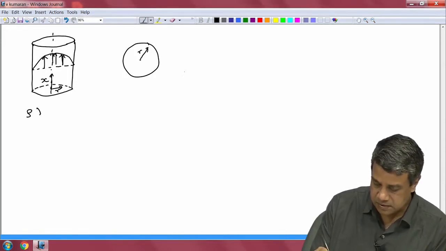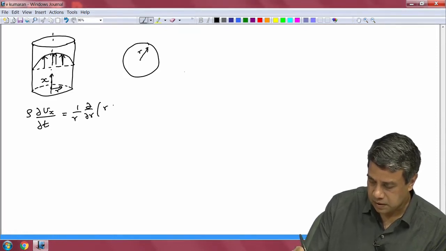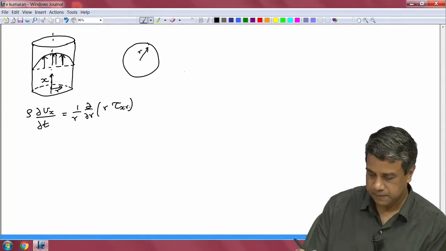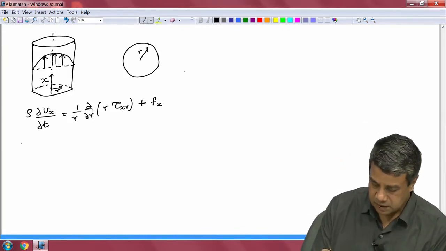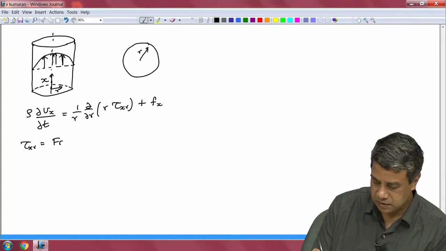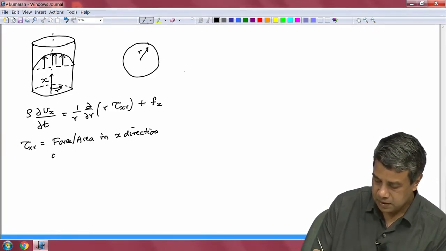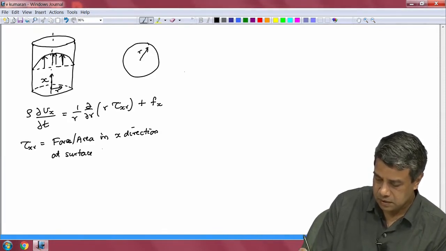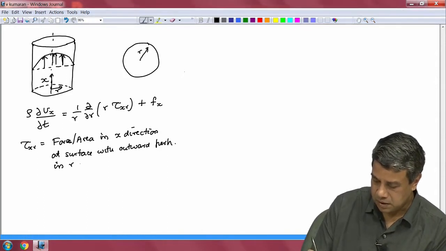Rho times partial Vx by partial t is equal to 1 by r d by dr of r tau xr, plus the body force, where tau xr is equal to force per area in x direction at surface with outward perpendicular in r direction.